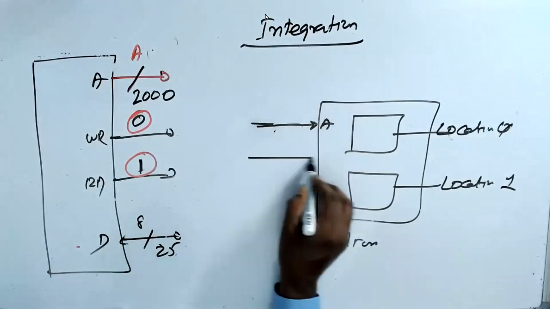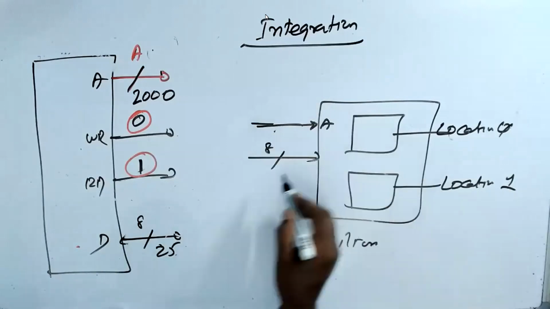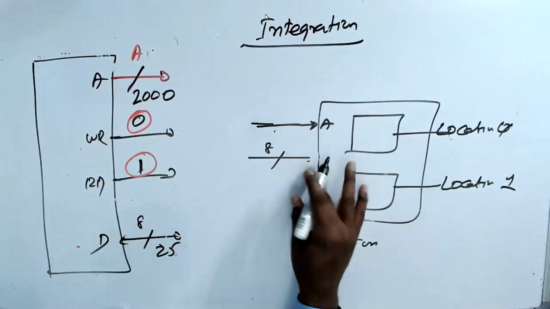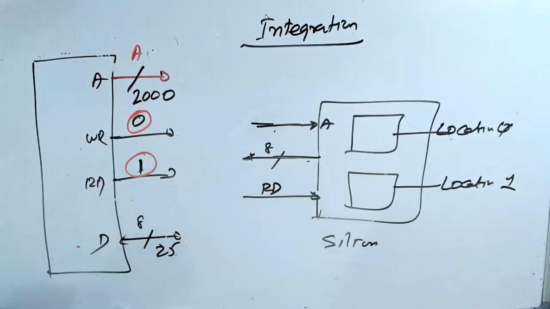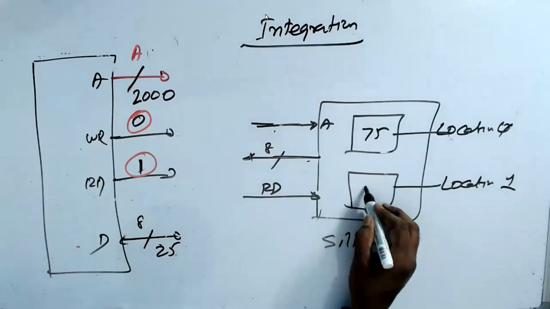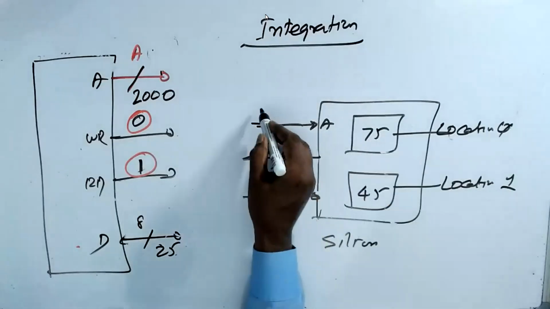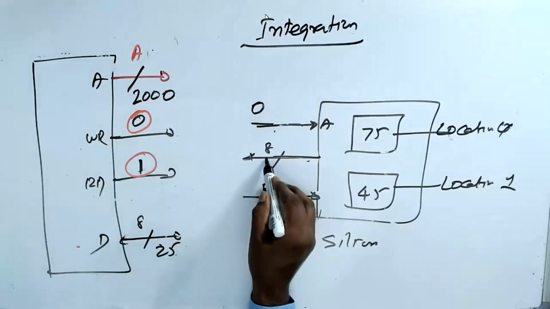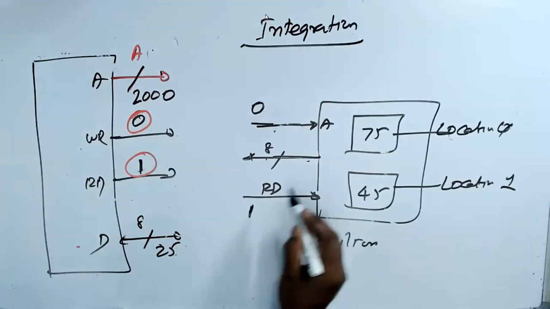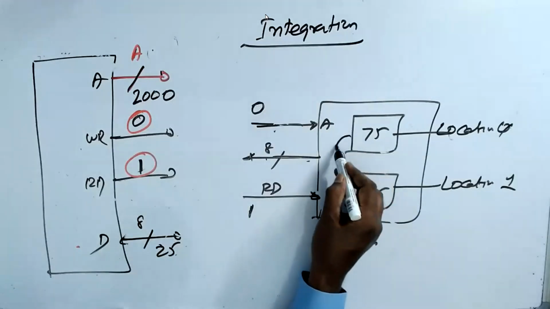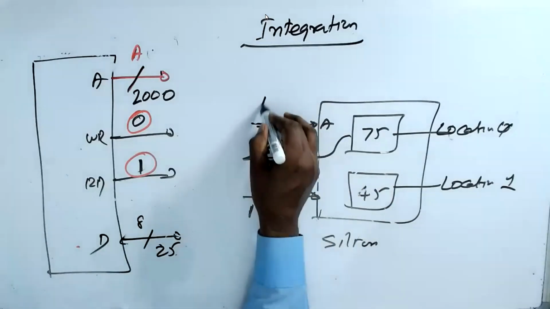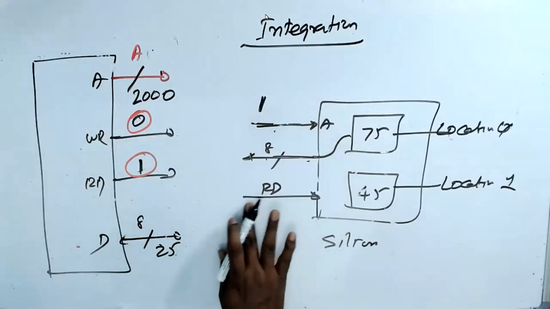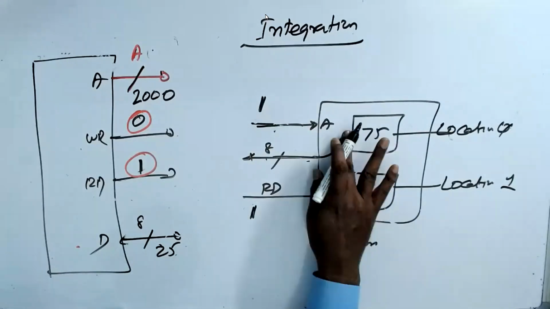Then I have data out and read. Let's say 75 and 45 are stored. If I give address 0 and read 1, then 75 will come out. If I give address 1 and read 1, 45 will come out.